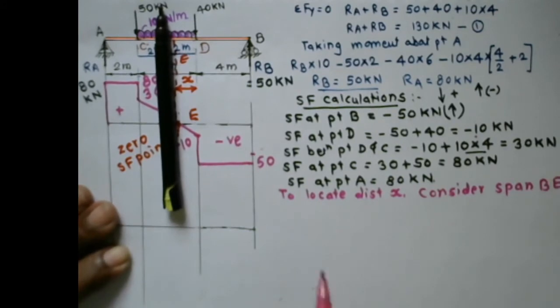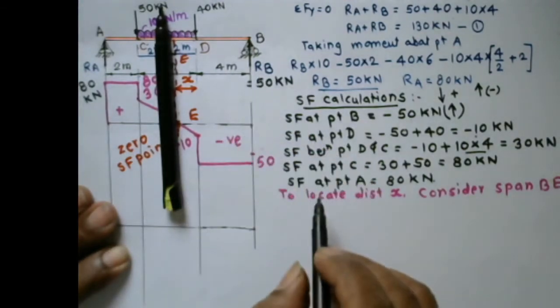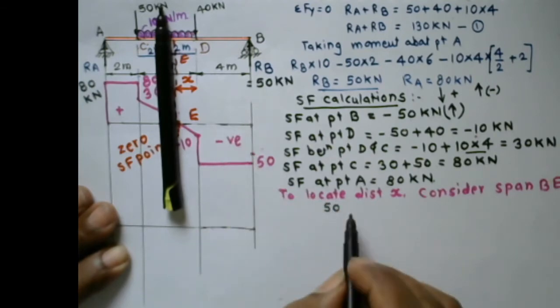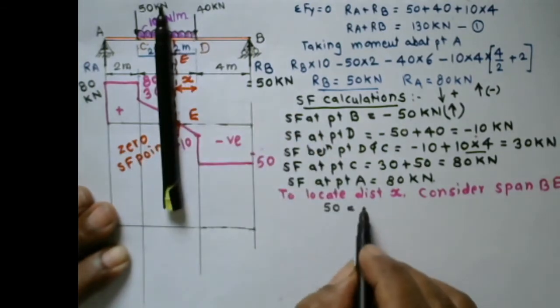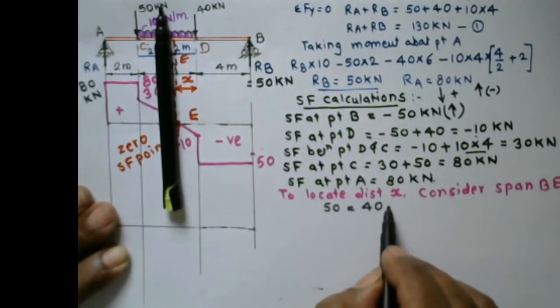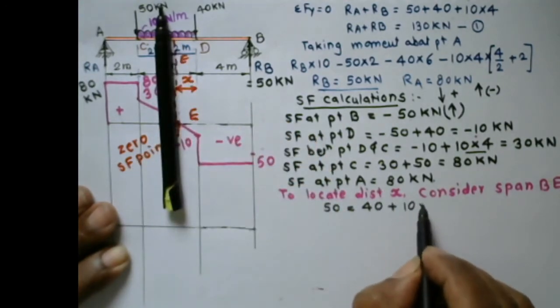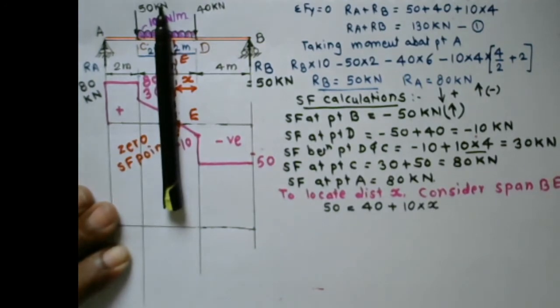It means upward forces is equal to downward forces. Upward force is RB, it means 50, is equal to downward, which is 40 plus this rate of UDL, 10, and its distance is x.